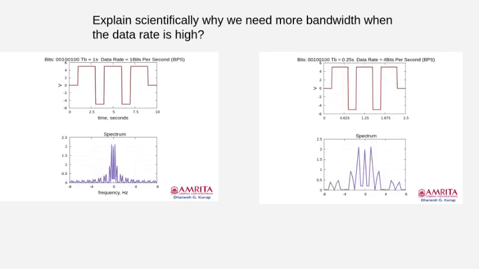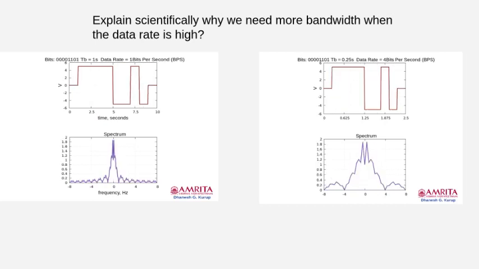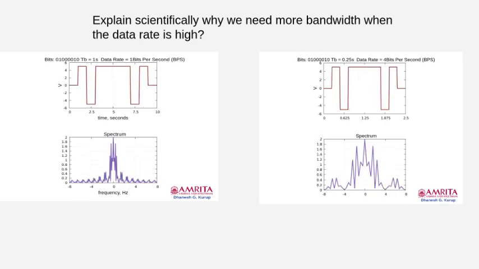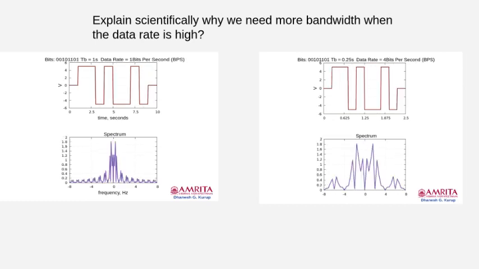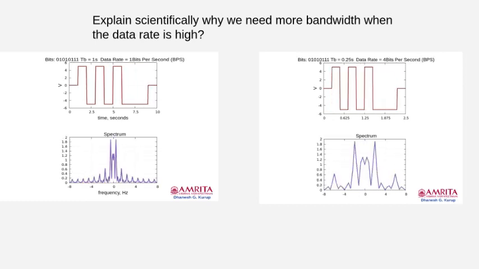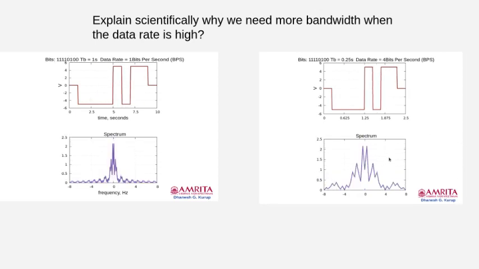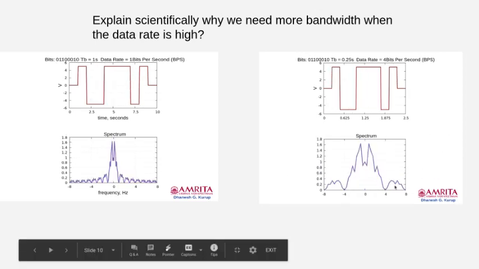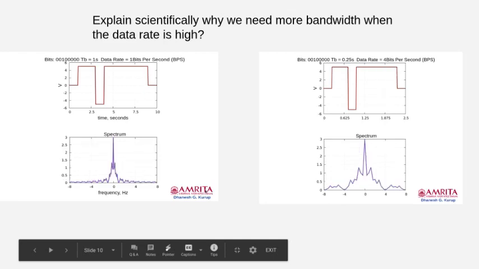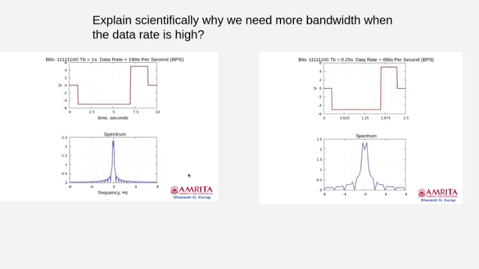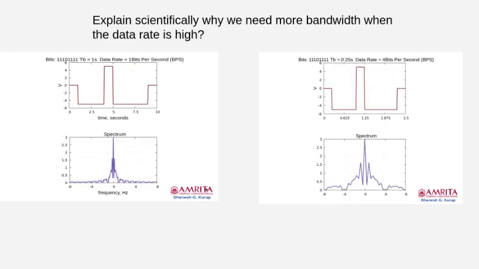So the larger the data rate, the larger the speed, if you want to send a signal from point A to point B, we need larger data rate. The larger data rate translates to a requirement of larger bandwidth. So the channels, transmission lines, wires and so on should support larger bandwidth.